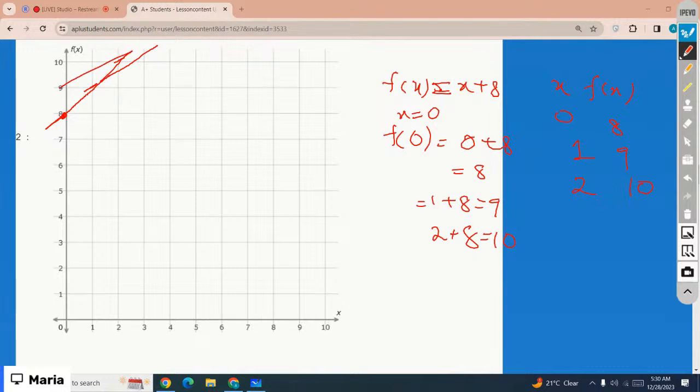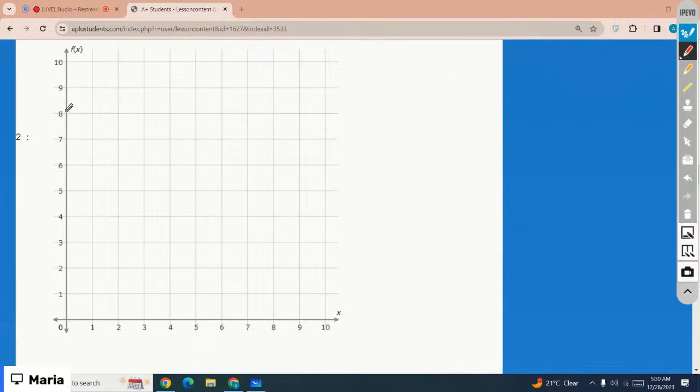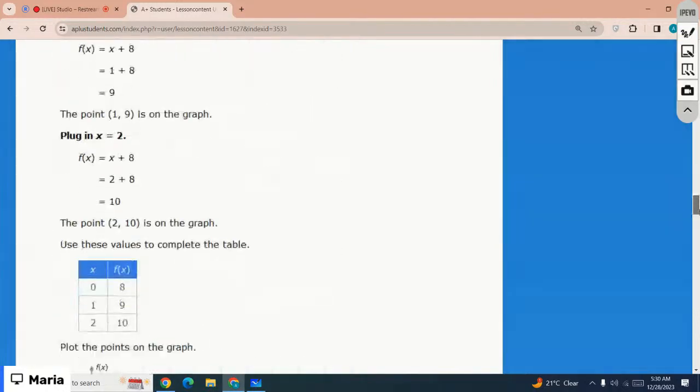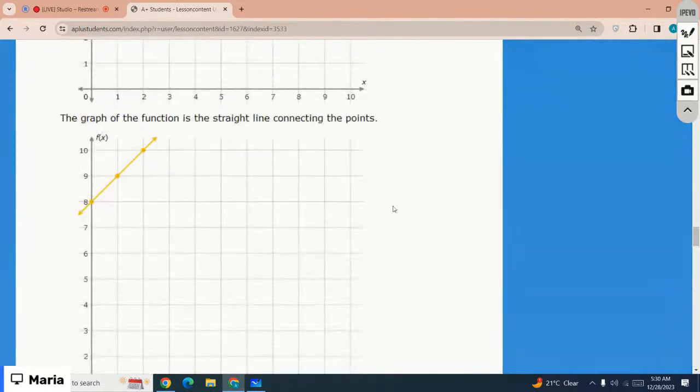It is always a straight line like this, right? Here is the graph I made. It starts from 8 and goes like this.